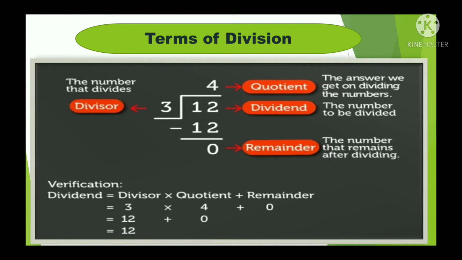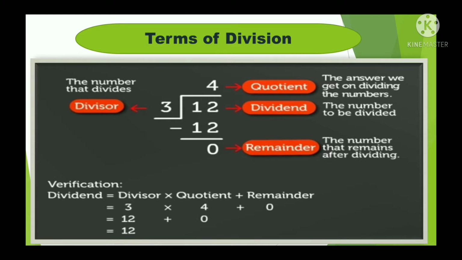After that, how do we find out whether our division is correct or not? For verification of division, we have a formula: dividend is equal to divisor multiplied by quotient, then we add the remainder to the product. Here, 3 is the divisor and 4 is the quotient, so 3 4s are 12.